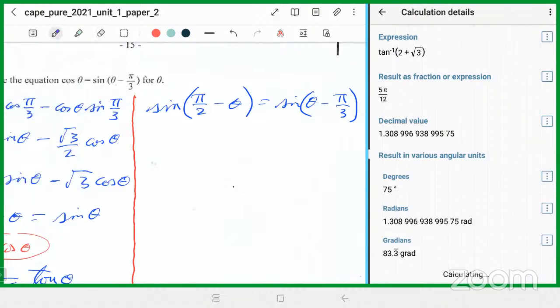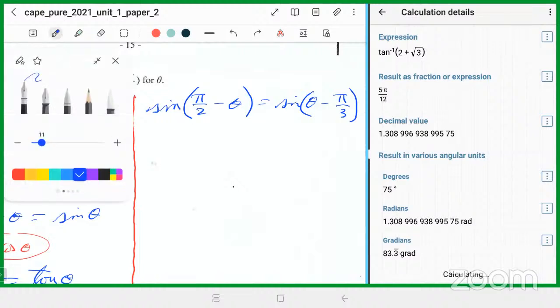Let's write the rule for the general solution for sine first.